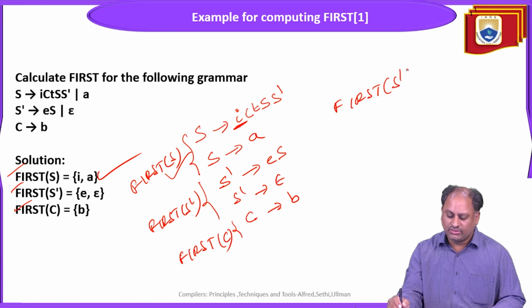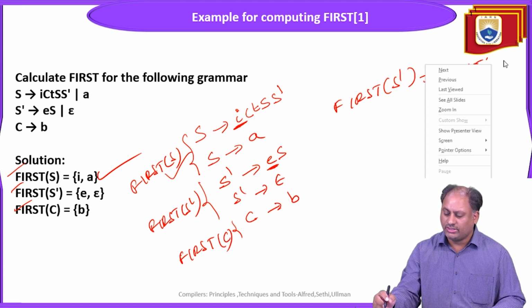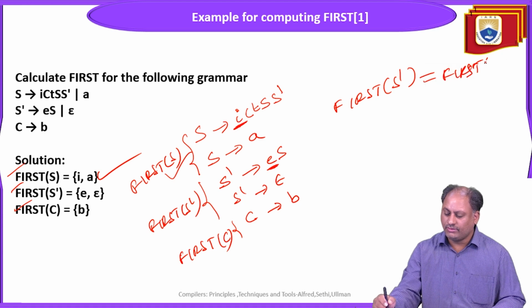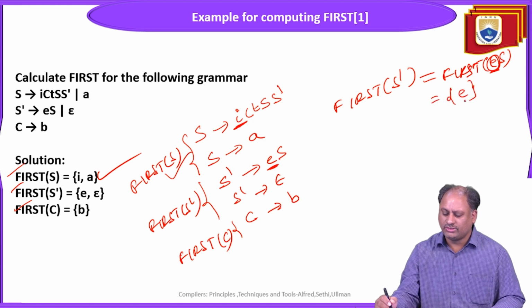First of S dash is equal to first of e S. What is e here? e is a terminal, so we can write e.